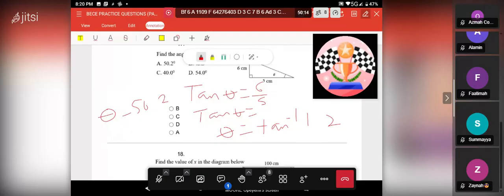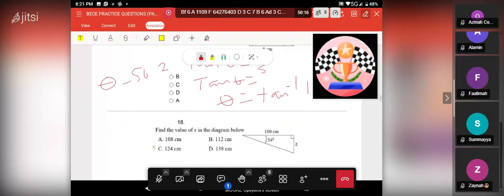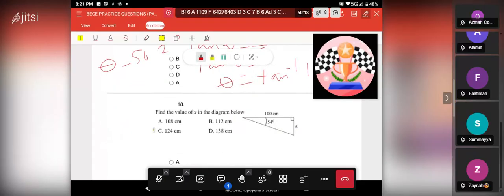Yes, sir. Okay. The next one says find the value of x in the diagram below. The same procedure. We are going to use tan, isn't it? Yes. That is tan 54 is equals to opposite over adjacent, 100.